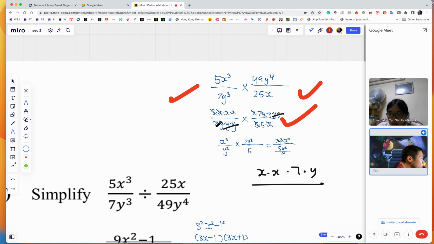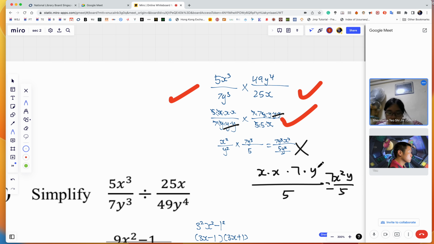So what is below? Gone. 5. That's it. So x squared, 7 put in front, y over 5. That's why you are wrong. Can't you see that there is y and y here? Then why did you stop? Why did you stop?